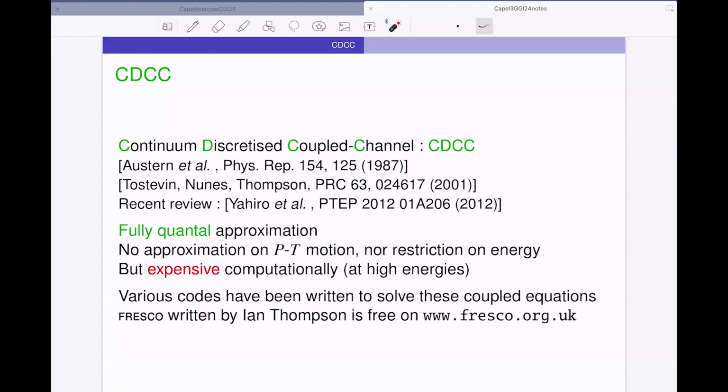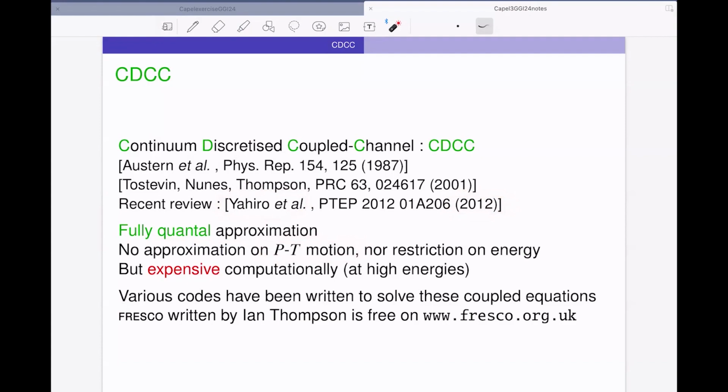And there is a recent one, I should pay attention to that. I should update these slides, because I guess that for you 2012 was probably not that recent. But by Yahiro-san and collaborators, so also the Kyushu group. As I said, it's fully quantum, it conserves energy. There is no approximation for the projectile-target motion, so everything is fine.